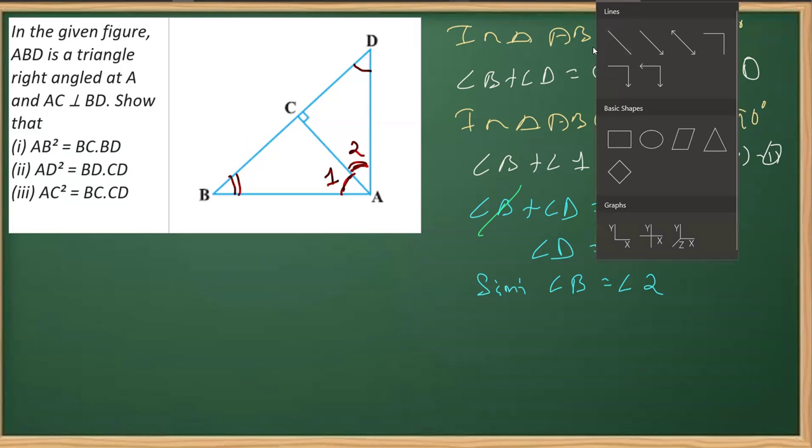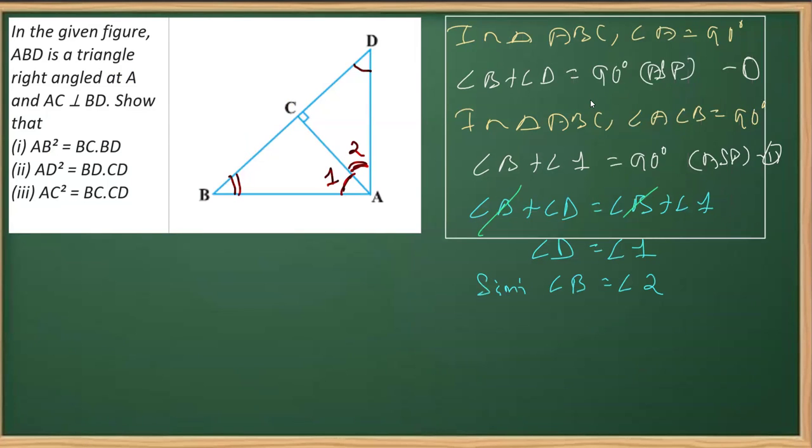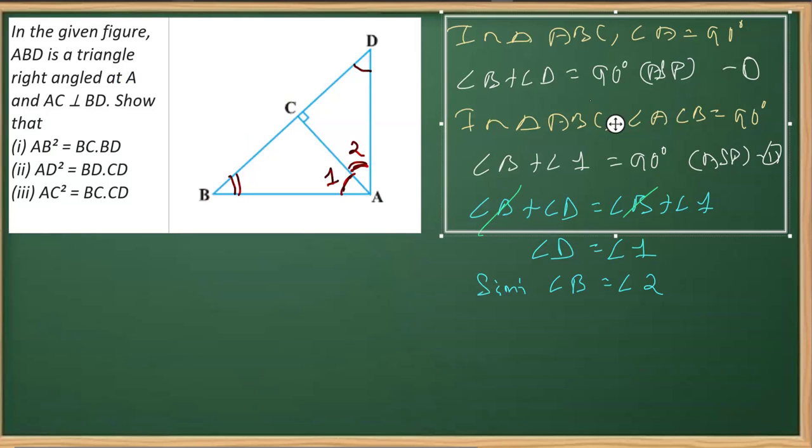For that, let me make some space. The two triangles which we need to prove similar, we have already decided that we are going to consider one triangle this and the other the biggest triangle here.